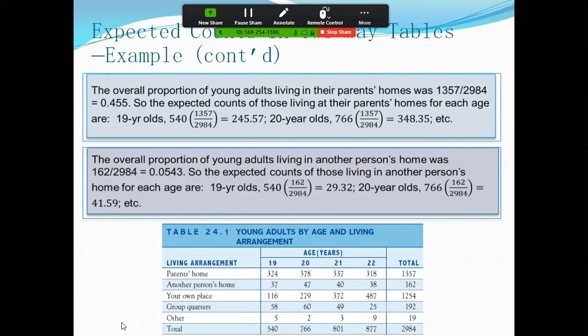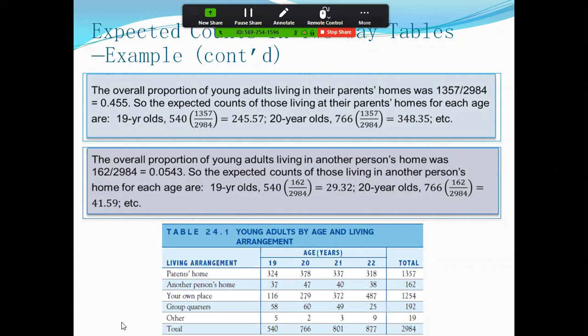The 20-year-olds is 766, the amount of 20-year-olds that there are, times the proportion, which is the 162 people divided by the 2,984.